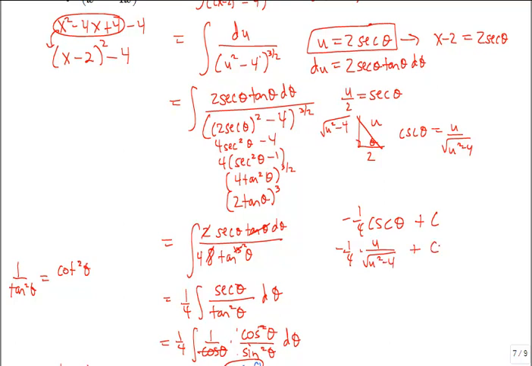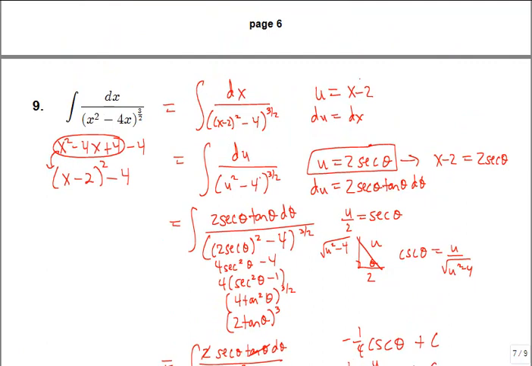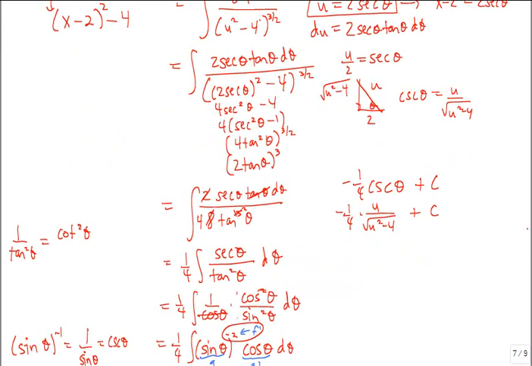So we're making progress. Now what we need to do is change these u's in terms of x's, and u is just x minus 2. So I can just replace these 2 u's with an x minus 2.